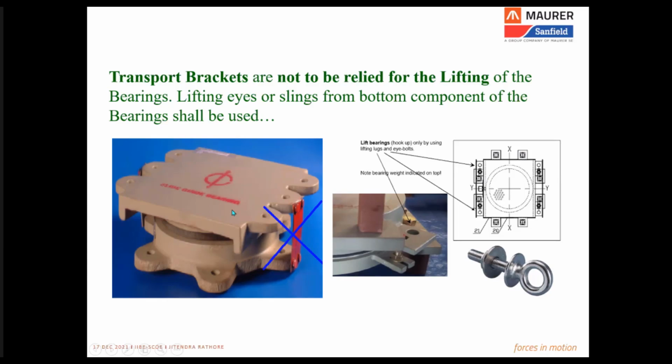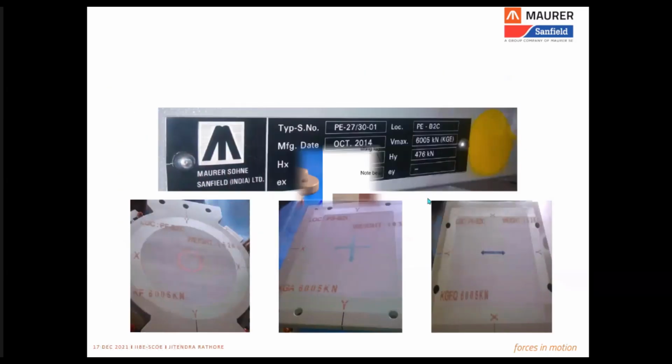When the bearings are installed and the structure skeleton is complete, these locks are to be removed such that the bearing is then free to move. But these locks do not have that much strength that when you are lifting the bearings or launching the girder, they can take all that load. So if they break apart in between the process of installation, then you already have a dismantled bearing. So it is to be ensured that you are not lifting the bearings relying on these locks.